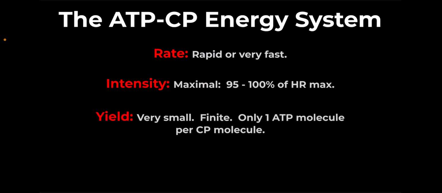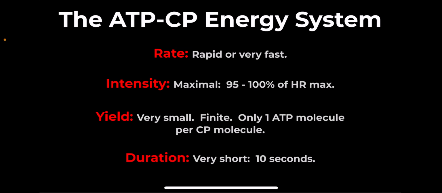Unfortunately, though, on the flip side, the yield is very, very small, very finite, has a very distinct endpoint. We only get one ATP molecule per CP molecule, 1 for 1. And this results in a very short duration of performance, only lasting up to 10 seconds of continuous movement.